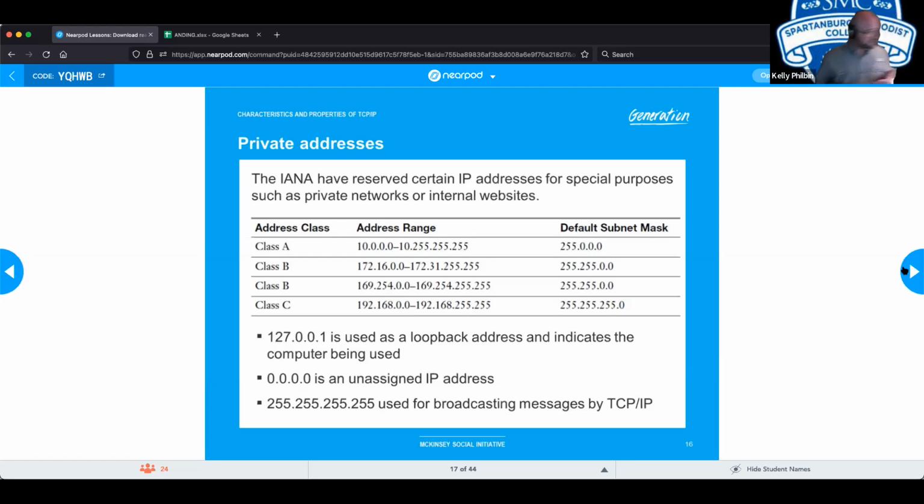Internally, you will use these address ranges. Your class A, which is the 10 address range from 10.0 to 10.255. If you operate on Comcast and you search what your IP address is, I guarantee you, you're falling pretty much in this range.